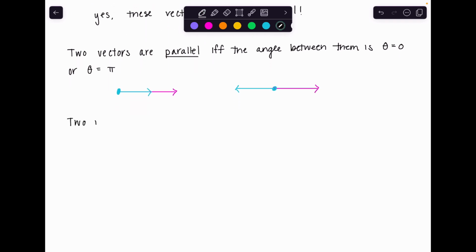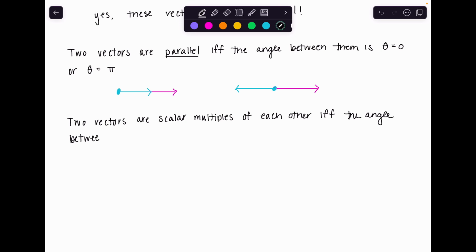So two vectors are scalar multiples of each other if and only if the angle between them is 0 or pi.